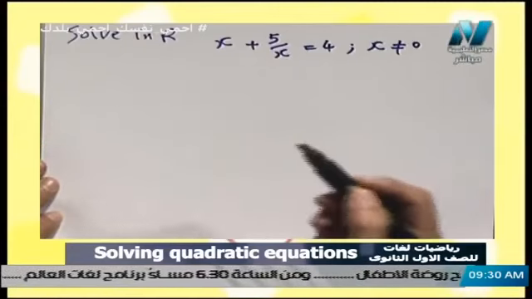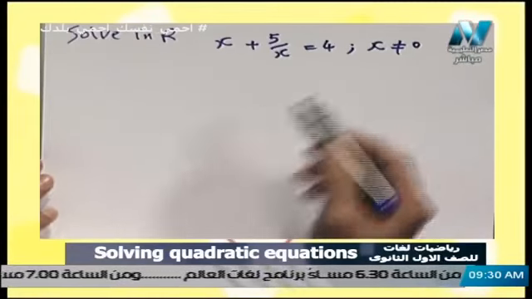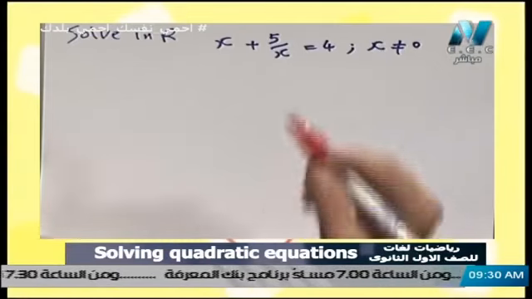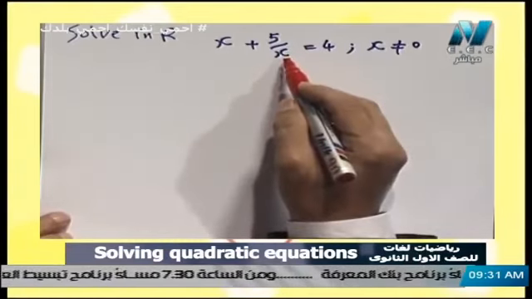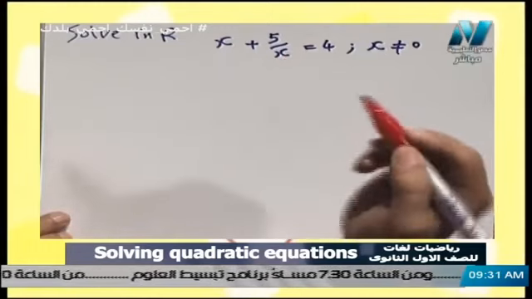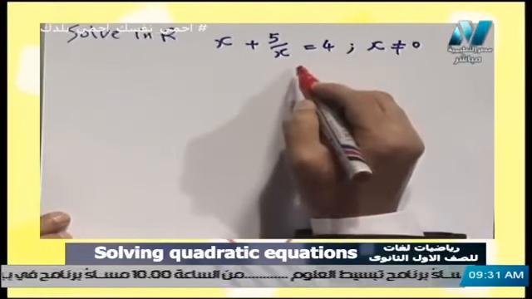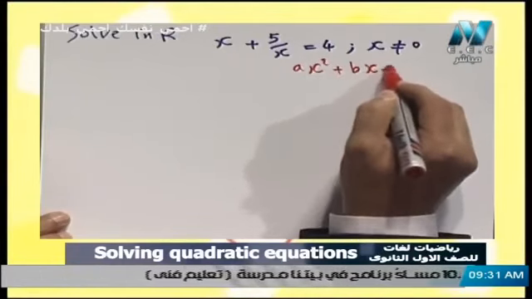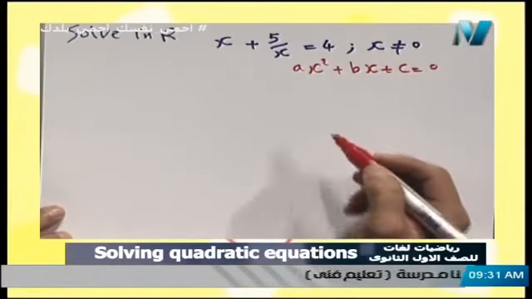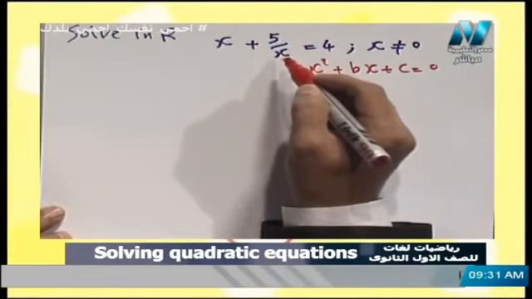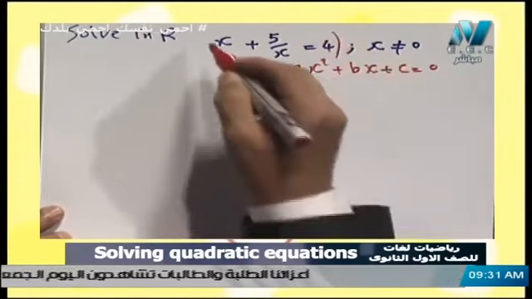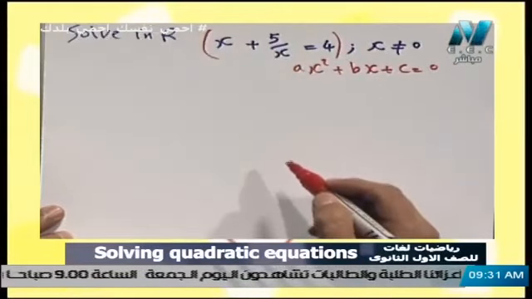Okay, we have here an equation, but we have a small problem here. The problem is that we have x here in the denominator, but we intend to make it in the form ax power 2 plus bx plus c equals 0. The problem, x in the denominator, we can overcome it by multiplying all the equation by x.